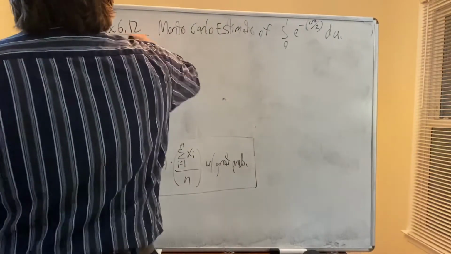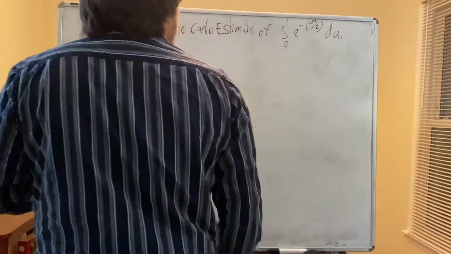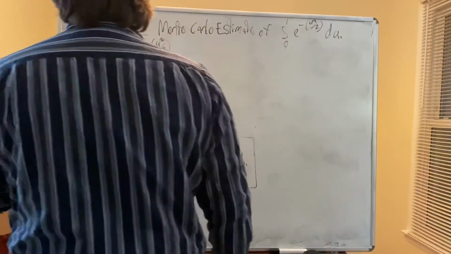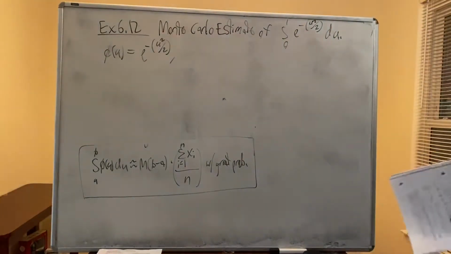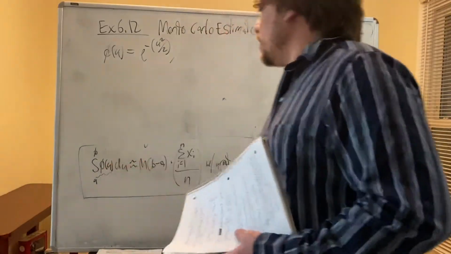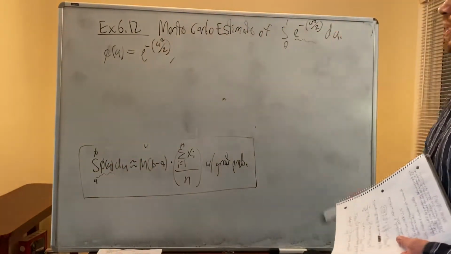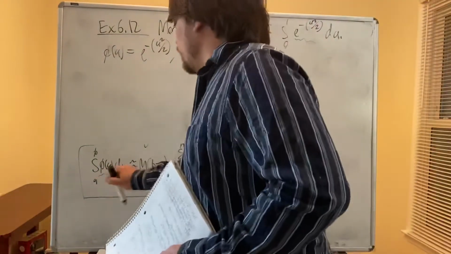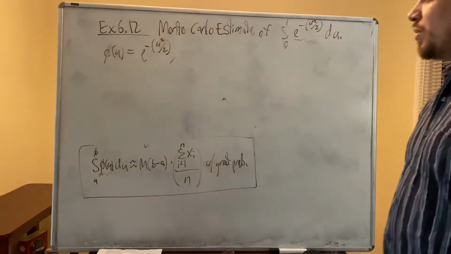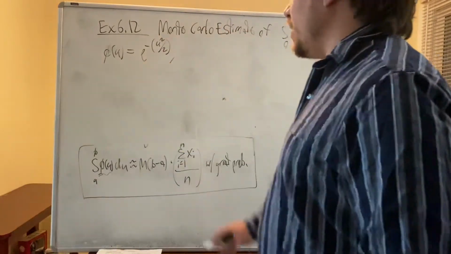So phi of u is equal to e to the negative u squared over 2. Okay, so here, that phi of u is that function here. So if I want to estimate the value of that definite integral, I'm going to let phi of u be the integrand.